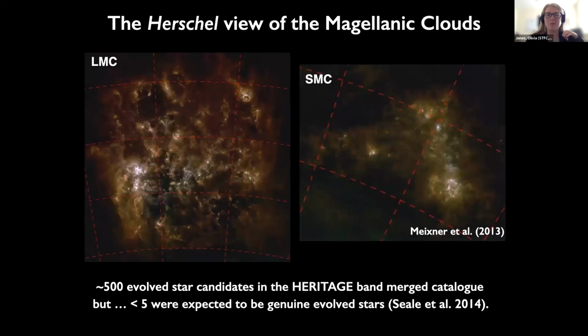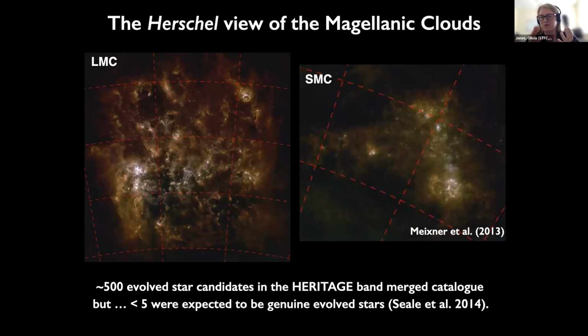What was really intriguing to me is that in the Herschel data and the bandmatch catalogue, there are around 500 evolved star candidates. The beam size of Herschel is extremely big compared to SAGE and even compared to optical data, so it was expected that fewer than 5 of these were going to be genuine evolved stars.